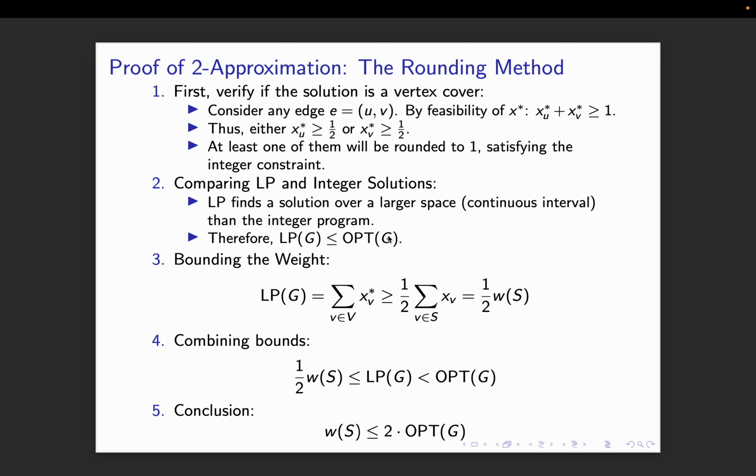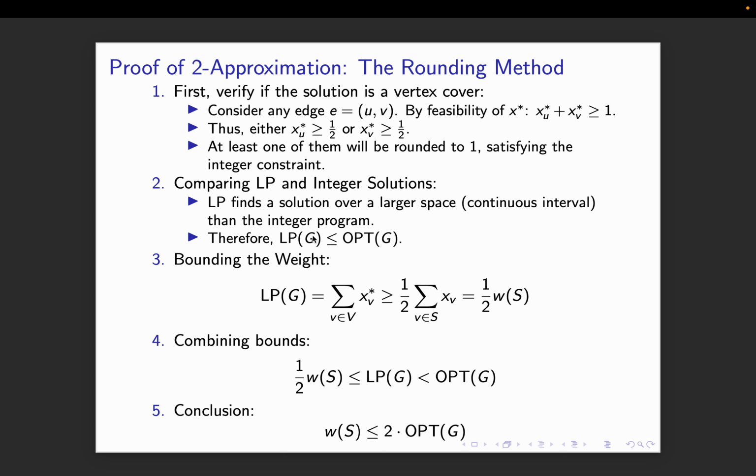By virtue of the fact that LP is doing the search over a unit cube, whereas the integer program would only search the vertices of that cube. Because LP does this search for the ideal solution over a bigger area, it cannot be worse than the opt, because the solution space of the opt is a subset of the solution space of the LP. So the LP has to be less than or equal to opt.